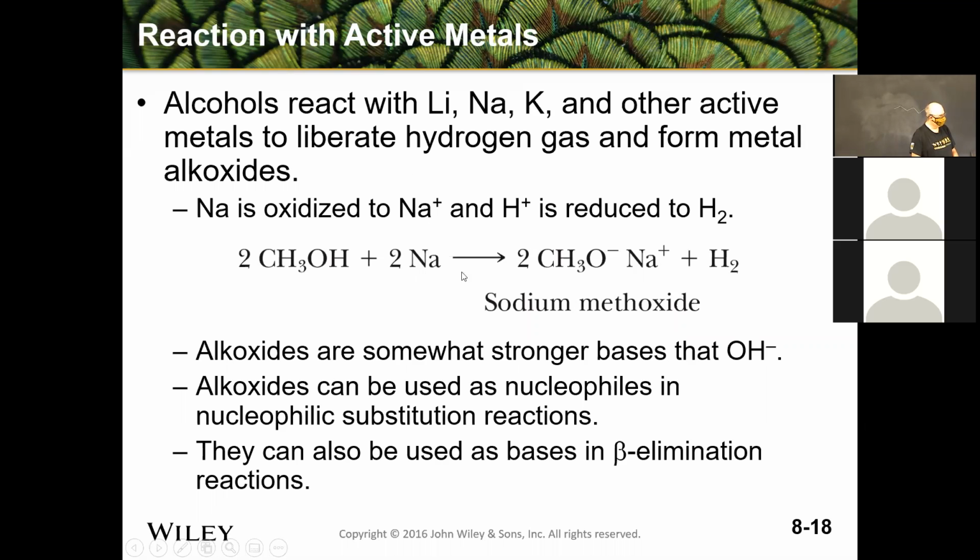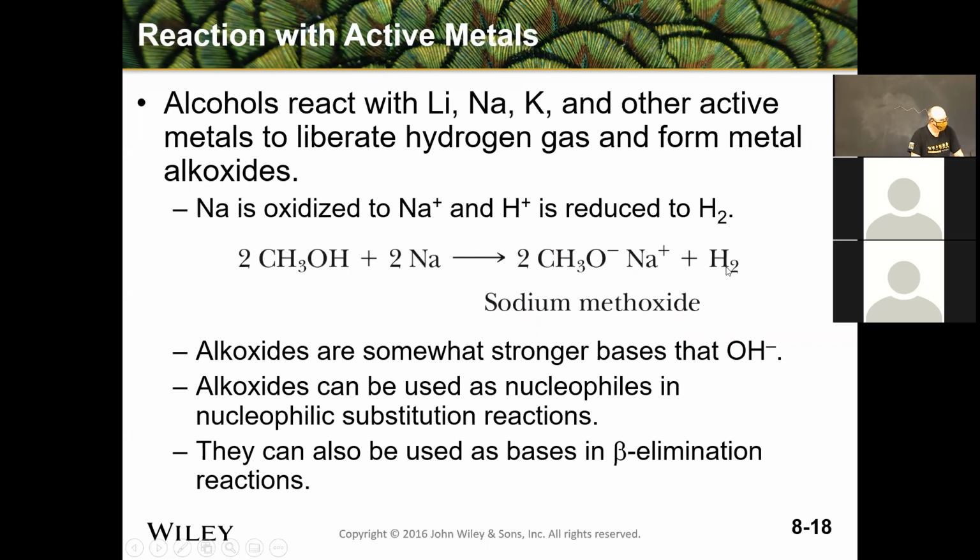If we add sodium metal to methanol, what happens is sodium gets oxidized. It loses an electron, and then hydrogen gets reduced. So here hydrogen had an oxidation number of +1. So each hydrogen gains an electron.